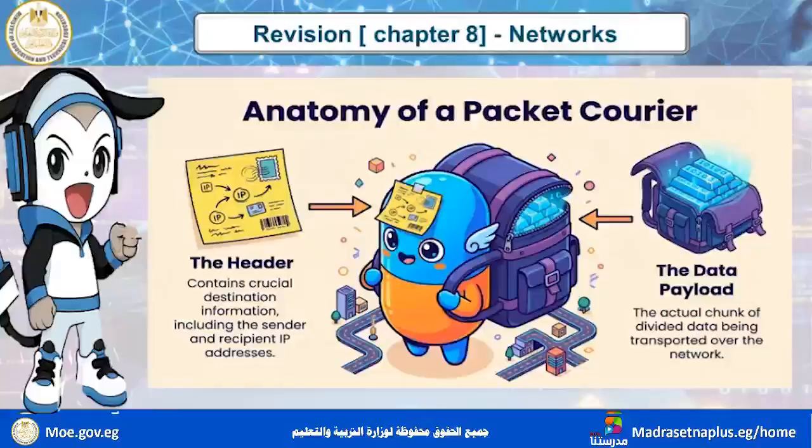Now it's time to know the anatomy of a packet courier. We agreed that we divide data into small buckets. So when we send these packets, we must have a header. The header contains destination information, where this data will be sent to, including the sender and the recipient IP addresses.